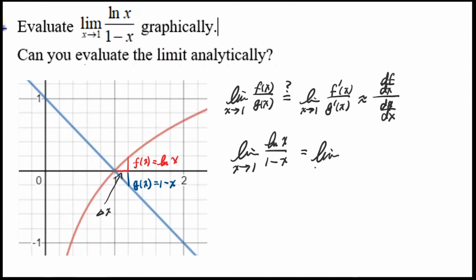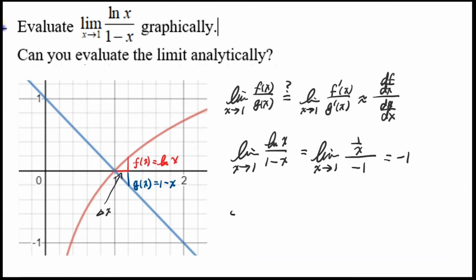Your book has both of them. The limit as x approaches 1 of the derivative of this, we have 1 over x, over the derivative of this, which is -1. Good. Now the denominator doesn't become 0, so you can actually plug it in, and that gives you -1. Huh, isn't that convenient?